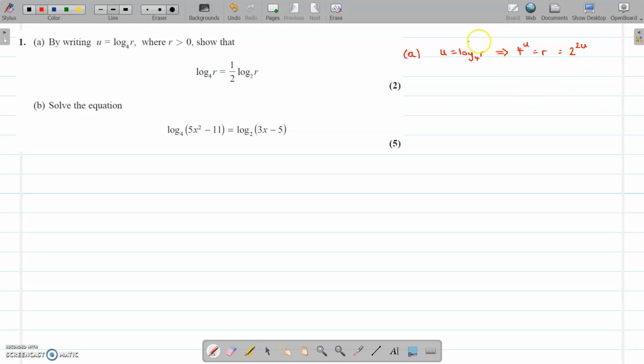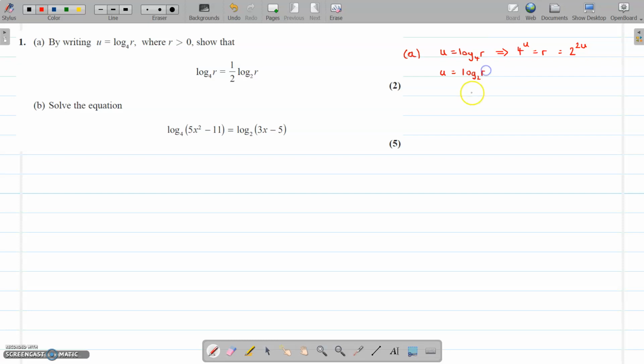Now, I'm also going to use the change of base rule and change this into a logarithm of base 2. Okay, so I can actually say that u is also equal to log to base 2 of r. Okay, so I've changed the base from 4 to 2.